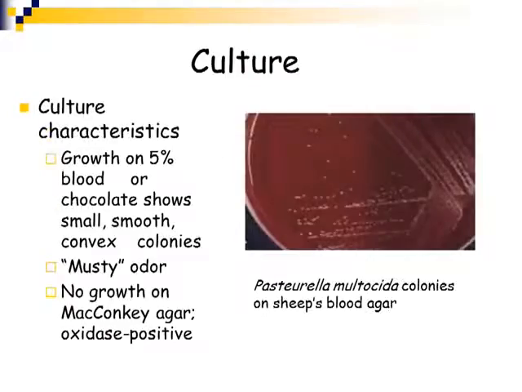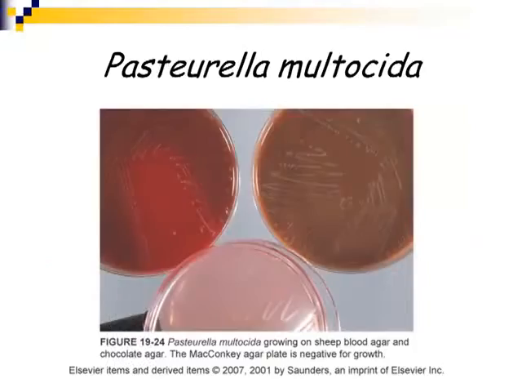Again, growth on 5% blood agar or chocolate agar, that musty odor, and one of the very distinguishing characteristics is no growth on MacConkey. It is oxidase positive. And here you can see Pasteurella, nice growth on blood agar, nice growth on chocolate agar, and you can see the streaks on the MacConkey agar, but you can't see any organism growing, and that's because Pasteurella does not grow on MacConkey agar.